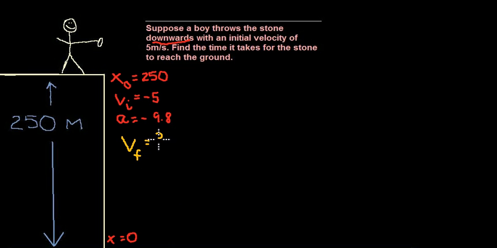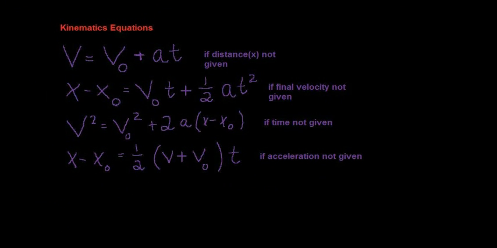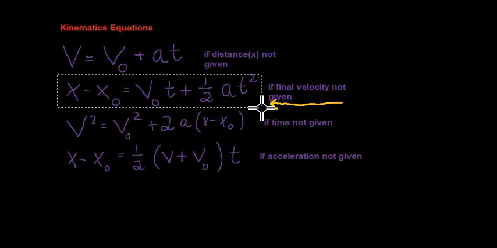So once again, like the first example, we don't have our final velocity. So we're going to scroll down here, and we can see that if our distance is not given, we use this formula, and so on and so forth. In this case, we don't have our final velocity, so we're going to use this formula right here. Let me copy and paste this formula.